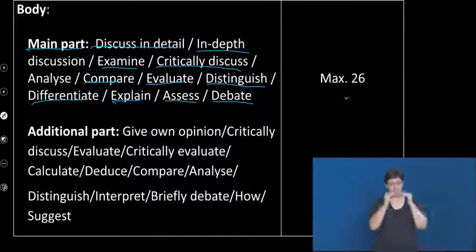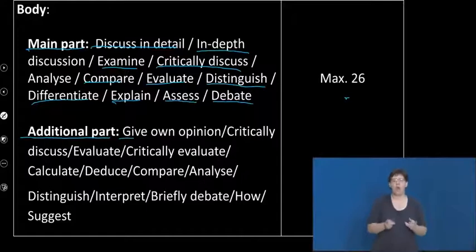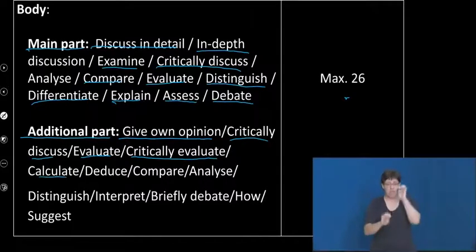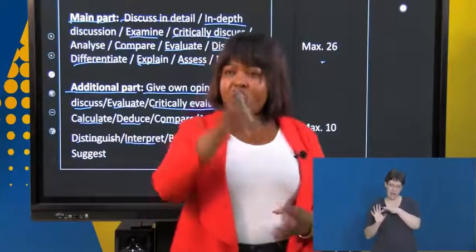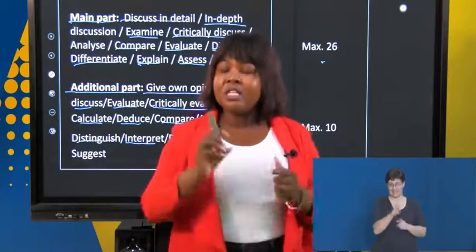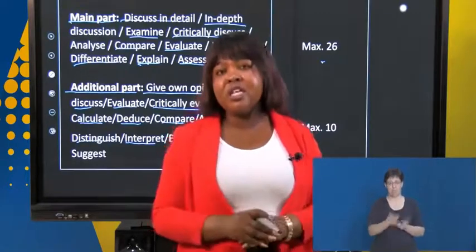And then we move on. We've got the additional part, which normally carries words like give your opinion, critically discuss, evaluate, critically evaluate, calculate, deduce, compare, analyze, distinguish, interpret, briefly debate, how, suggest. This one carries 10 marks, and it's normally linked to the main part, but the question is a separate question and should be treated as such.